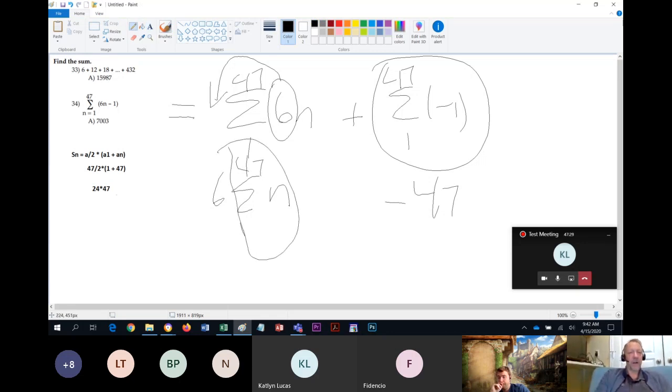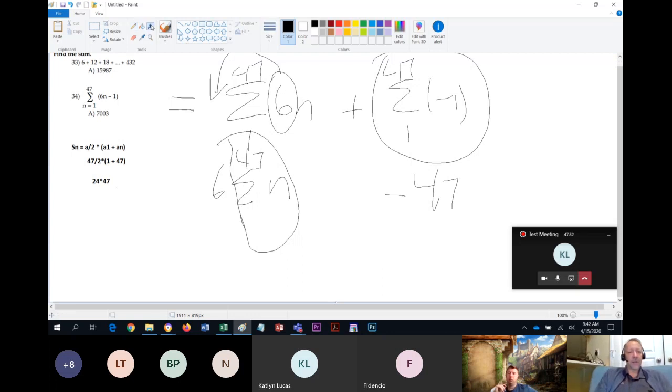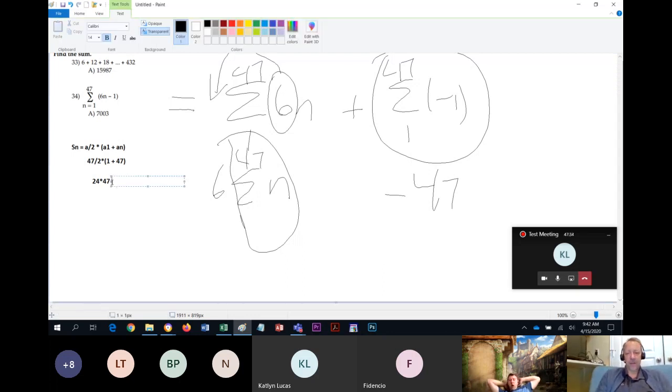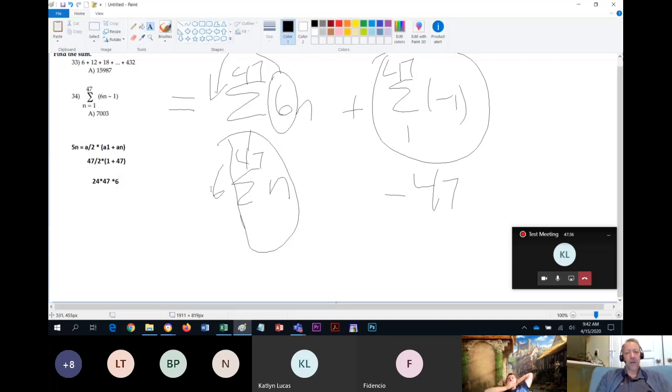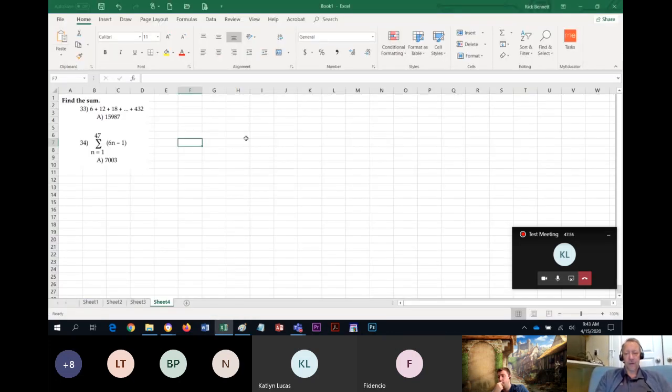So whatever we get there, now the last thing we need to do is multiply that times 6. Basically it's this piece here. Let me draw a box. It's 24 times 47 times 6, and then we need to subtract 47. That's the sum of 6n, and then we need to subtract 47.